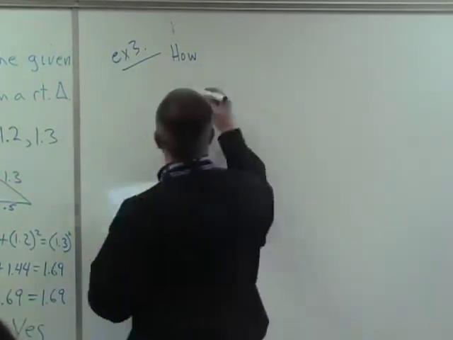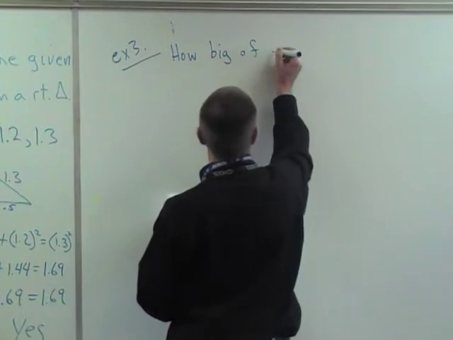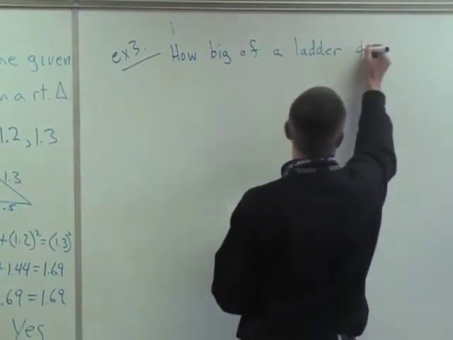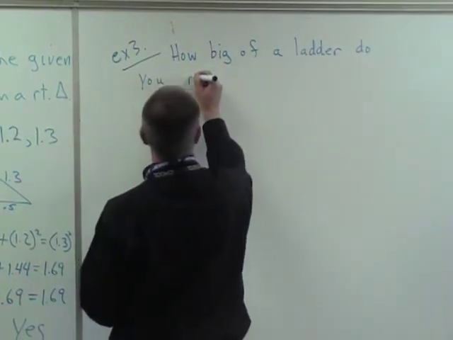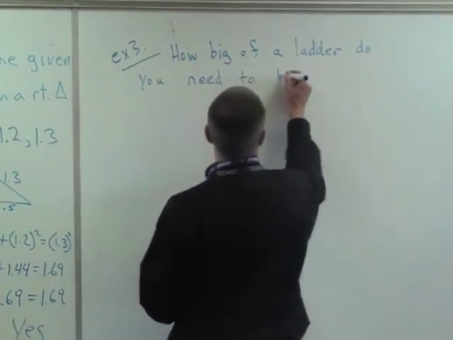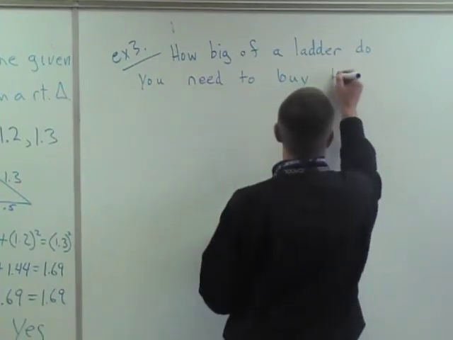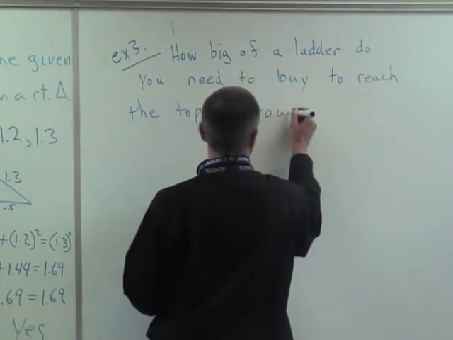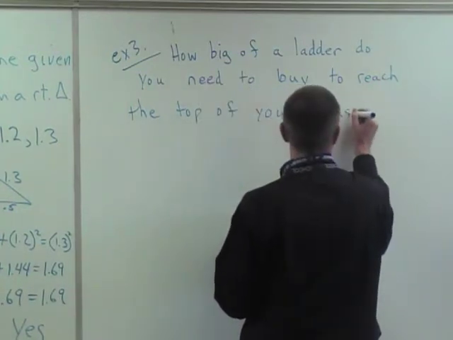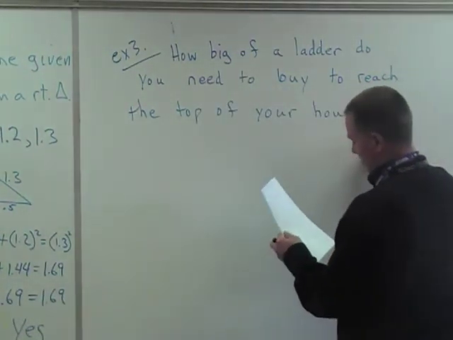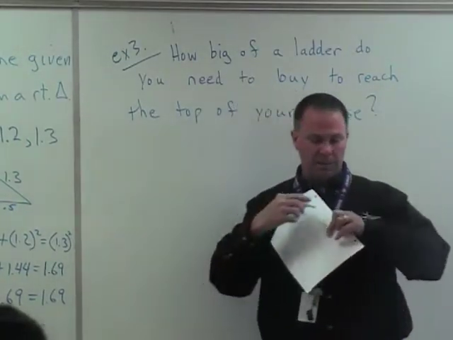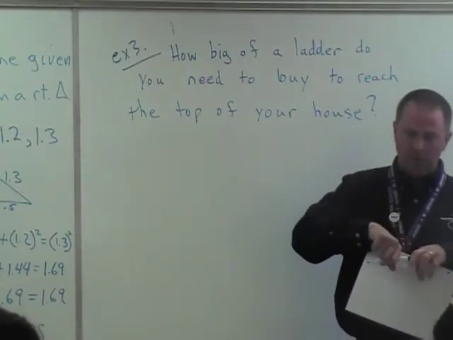You need to know how big of a ladder you need to buy to reach the top of your house, the roof, because you're going to have to get up there and clean these spouts out. You need a good ladder.